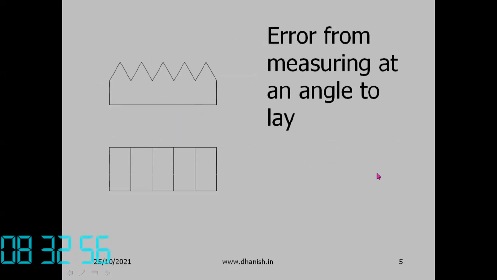So what happens if we measure at a different angle? Suppose this is the surface, with the distance and the elevation. If this is the correct wavelength, the wavelength between two corresponding points, and this is the direction of the lay.